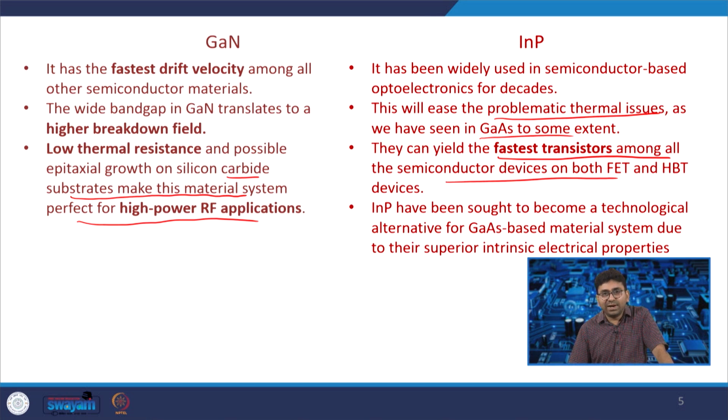Even indium phosphide based HEMT can be used at superconducting temperature also. It has a wide application, and indium phosphide has been sought to become a technological alternative for GaAs based material systems due to its superior intrinsic electrical properties.